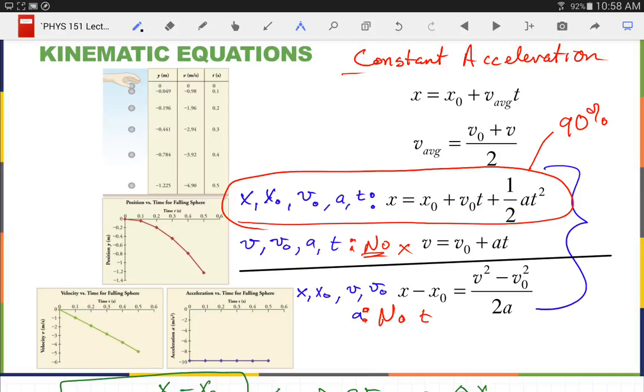I wrote them as scalar equations. I didn't put vector signs over them. But those are all vector equations. You put vector signs on everything that's a vector. Time is not a vector. There's no direction to time. But if you put vector signs over everything, those are all correct above the black line.